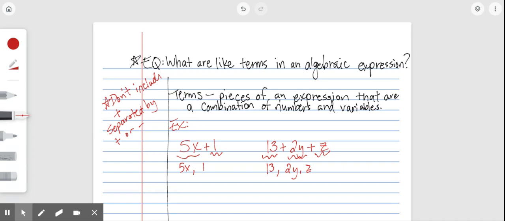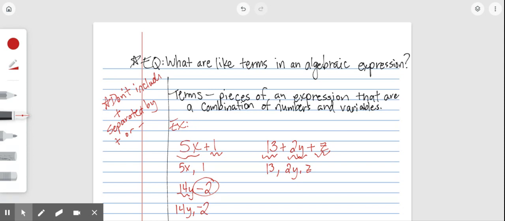The only caveat to this is if you had an expression like 14y minus 2. The only difference is that 14y is one of my terms, but the 2, because it has a minus in front of it, becomes a negative 2.